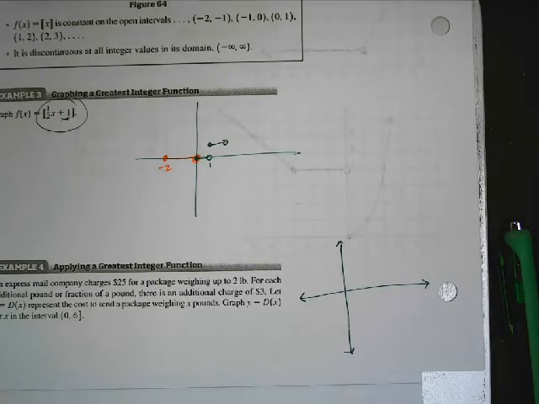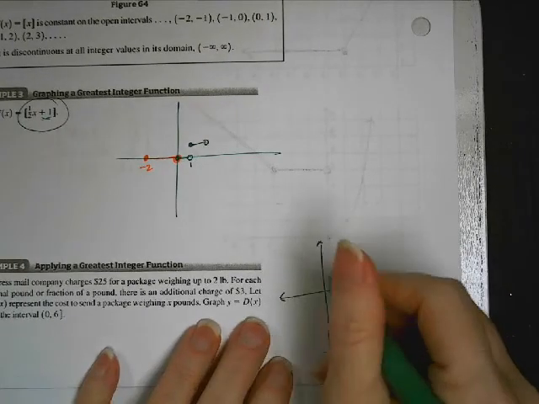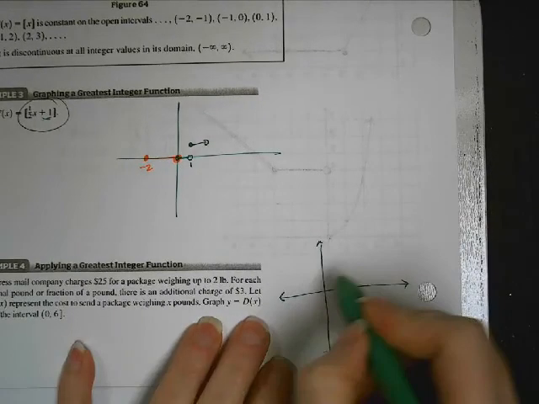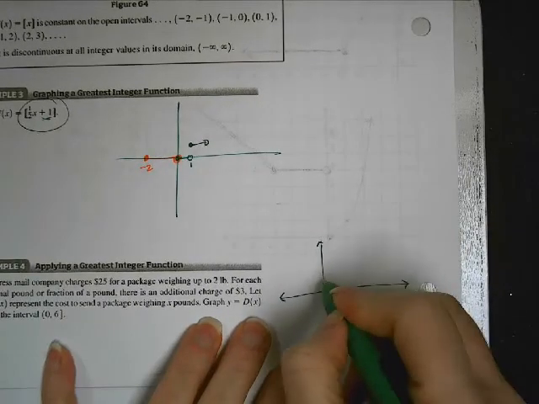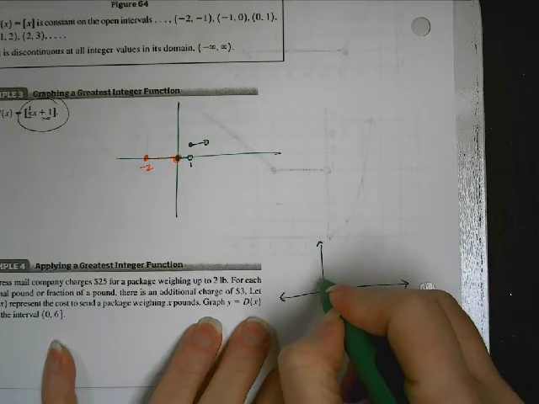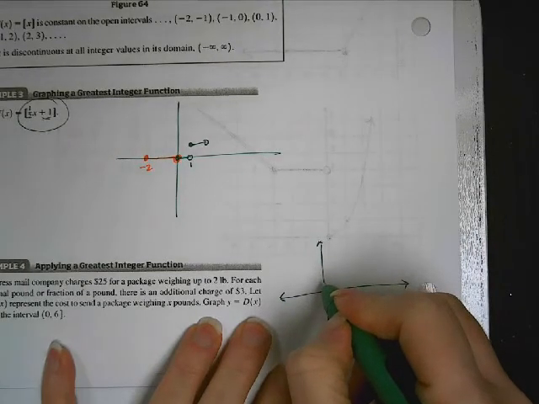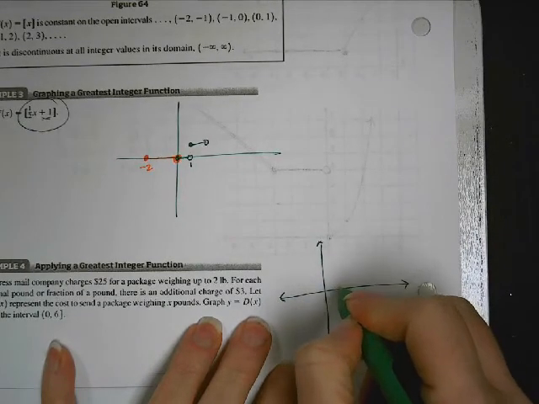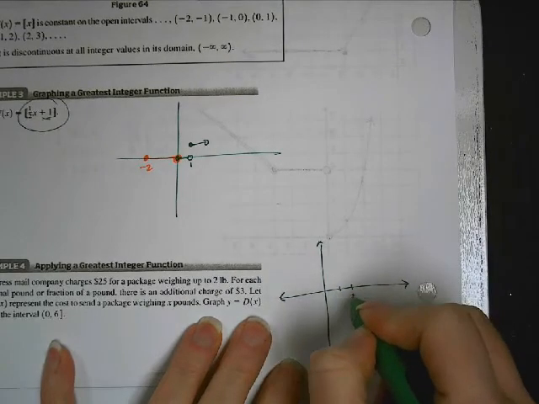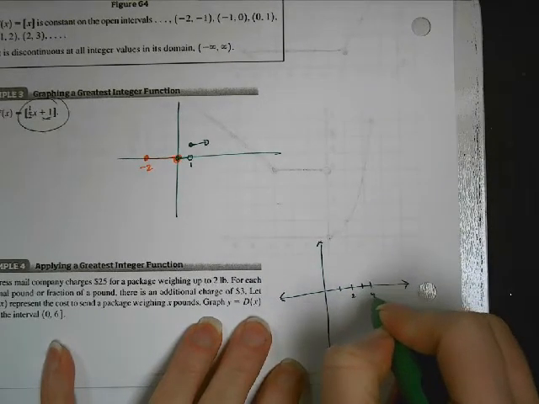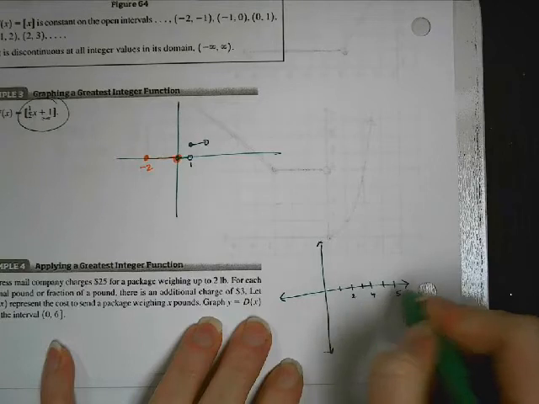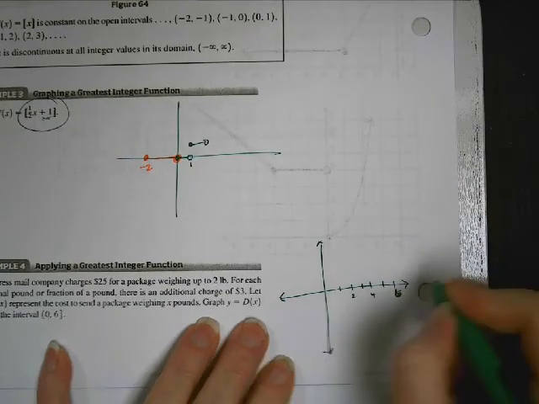Okay, so it's $25 for 0 to 2 pounds. Well, you can't have a package that weighs 0 pounds. Let's say 1, 2, 4, really 6. These are my pounds.